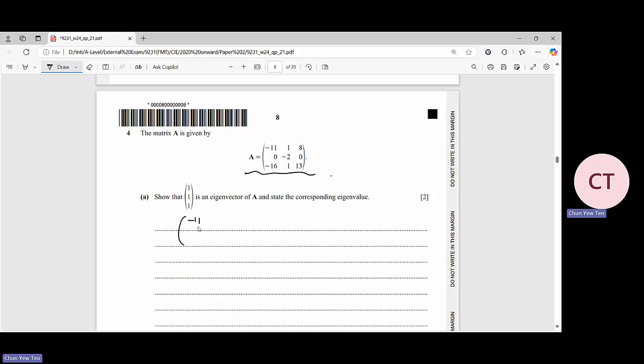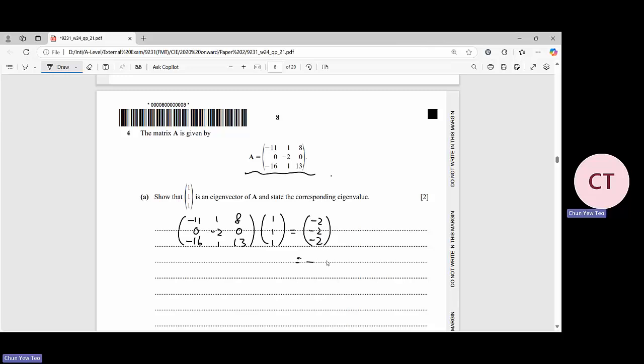We just need to take the vector, multiply by the matrix, and it should be a multiple of the original vector. So if we multiply by 1, 1, 1, just calculate it. You will get -2, -2, and -2.